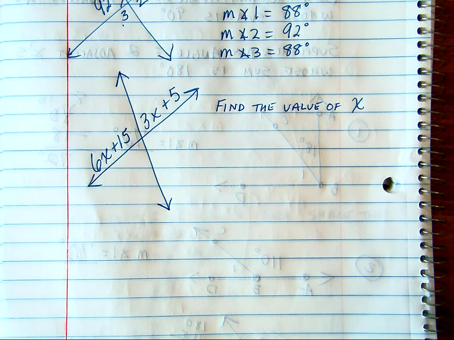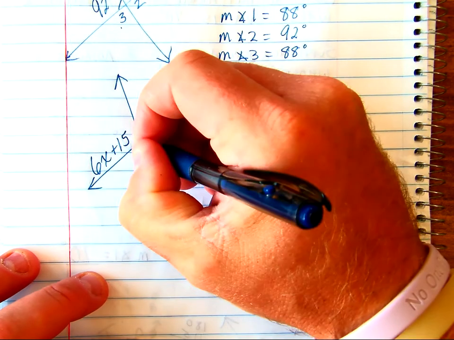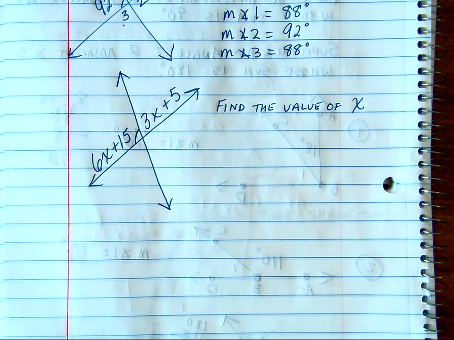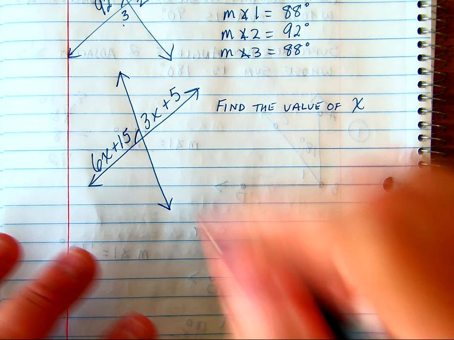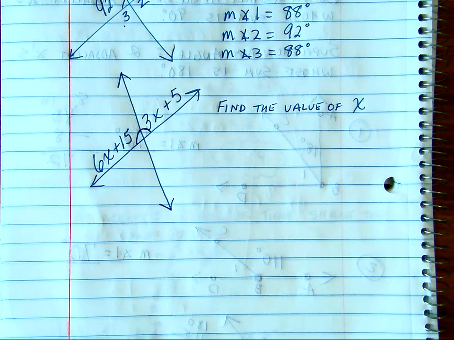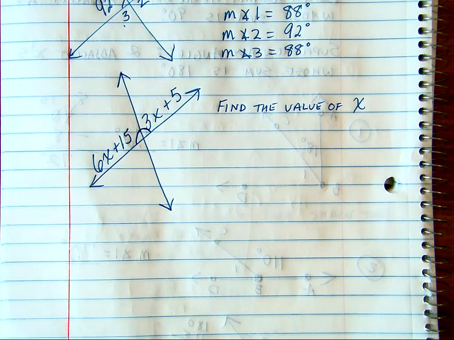Correct me if I'm wrong. This angle right here is obtuse. That's bigger than 90. And correct me if I'm wrong, but this angle right here is acute, which is less than 90. So can anybody think of a number bigger than 90 that is equal to a number less than 90? 180.